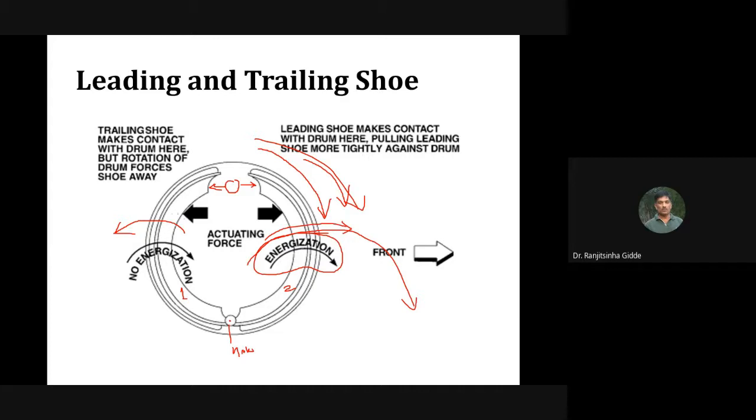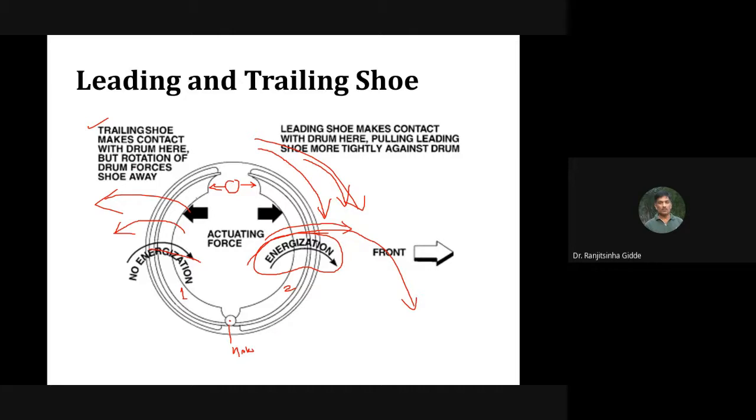Now with respect to this other brake shoe, it is expanding in the opposite direction, and the drum is rotating clockwise. So it will try to push. You can see this trailing shoe makes contact with the drum here, but the rotation of the drum forces the shoe away.